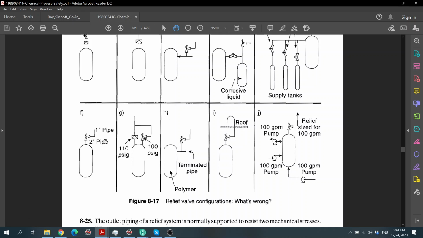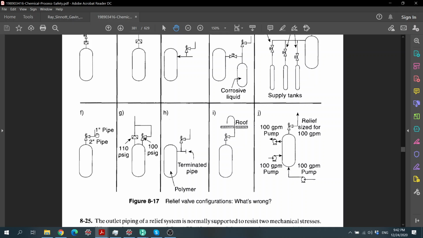What is wrong is that we have a higher pressure in this vessel, and it is being released through the orifice of the PSV. Because it is expanded through the PSV, from this point on downstream it has a lower pressure. This is the lower pressure area, and this is the higher pressure area.